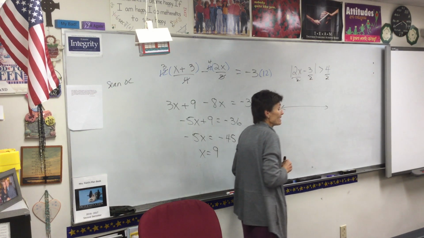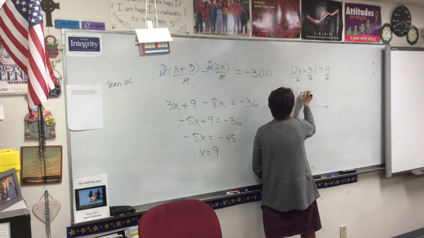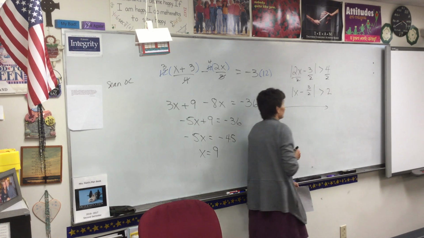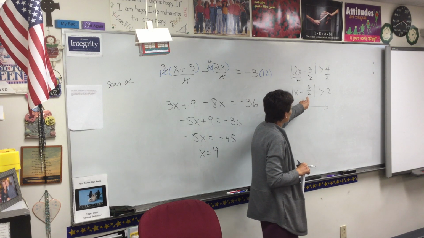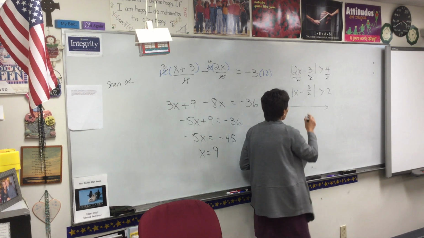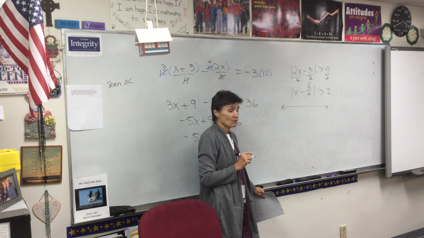So I'm going to divide everything by 2. So my equation now looks like this. And if it's easier for you, you can think about this guy, 3/2. You can think about that as 1.5. If it's easier for you.